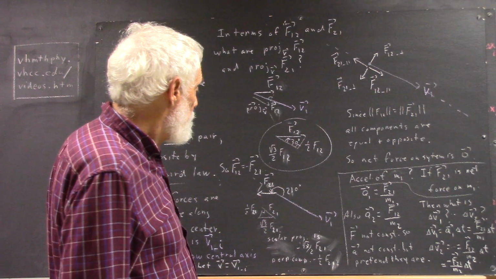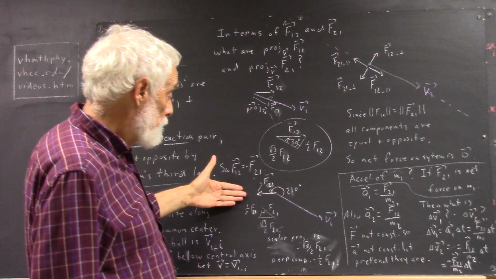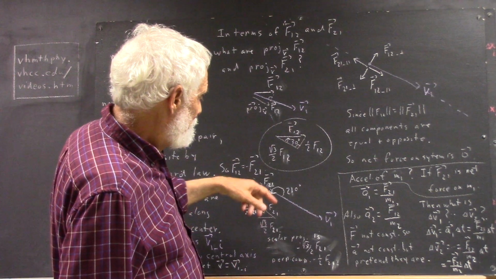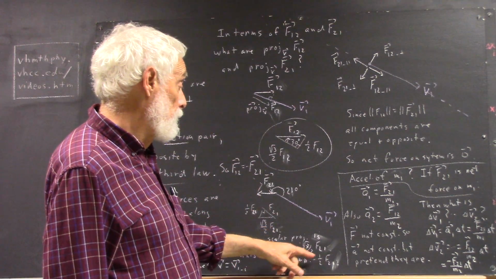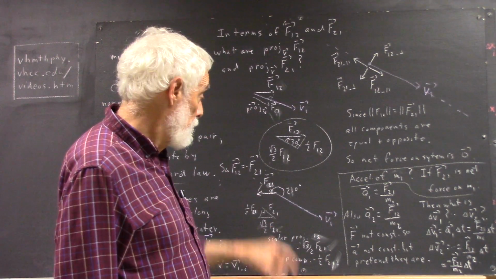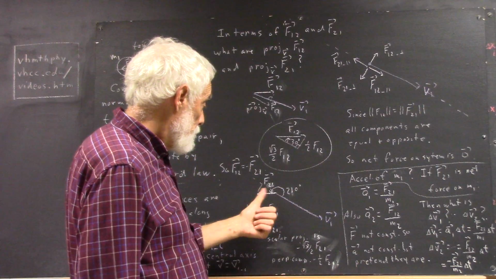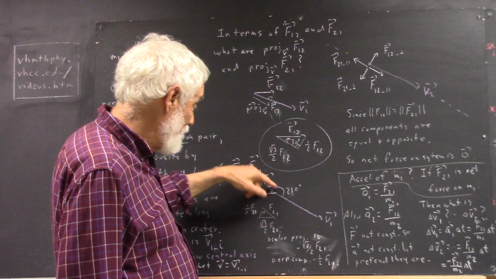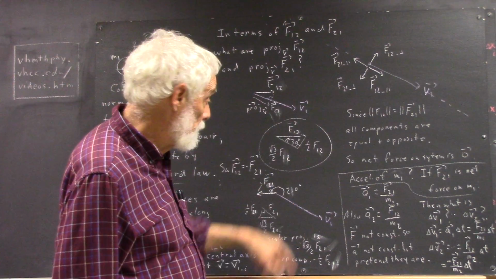And over here, you get this picture. The scalar projections will be negative square root of 3/2 times F21 and negative 1/2 times F21 because of the orientation of this vector being at 210 degrees with the velocity vector.